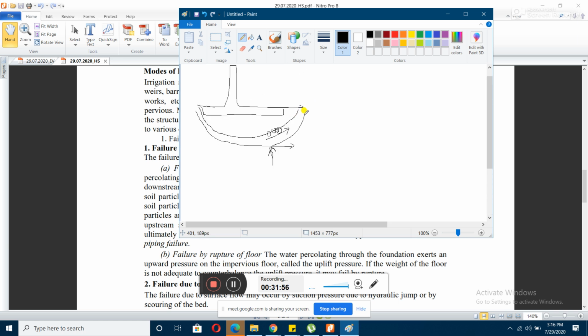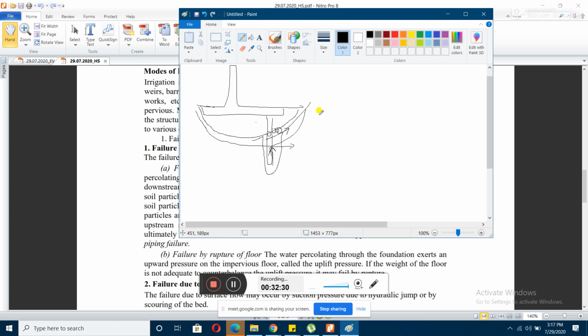So how is it countered? What we do, we also insert piles at this end, on your downstream side also. Same theory: if you insert cut-off piles, your seepage path length will increase. So the water has to come like this, and again go like this, and that helps in not forming this pipe.